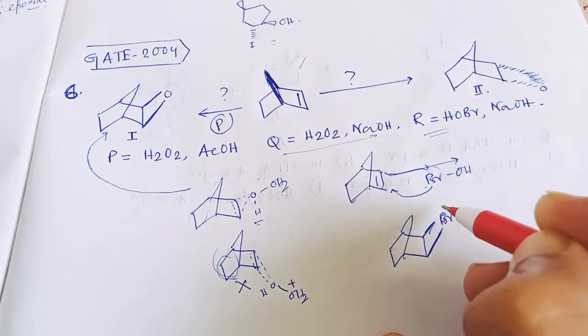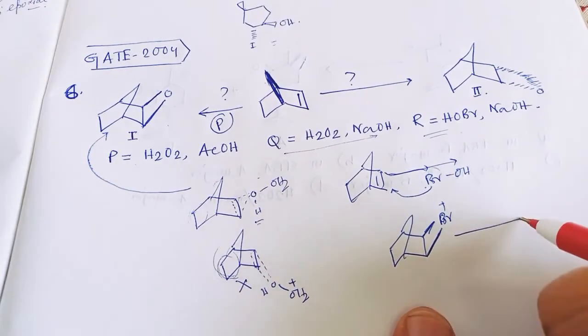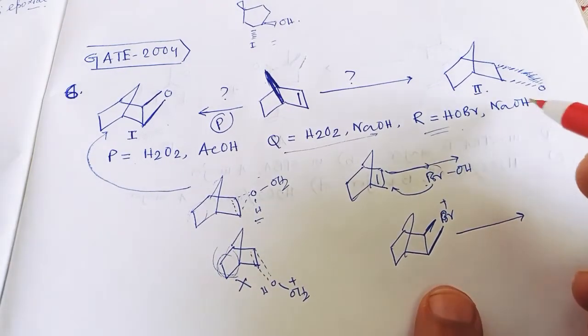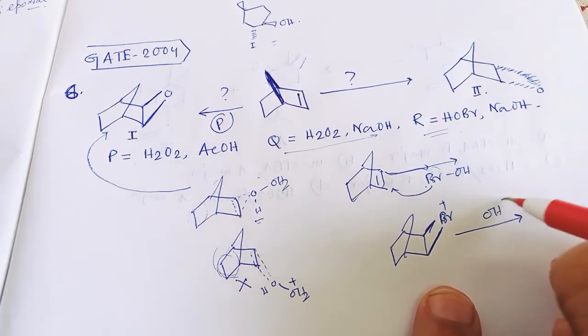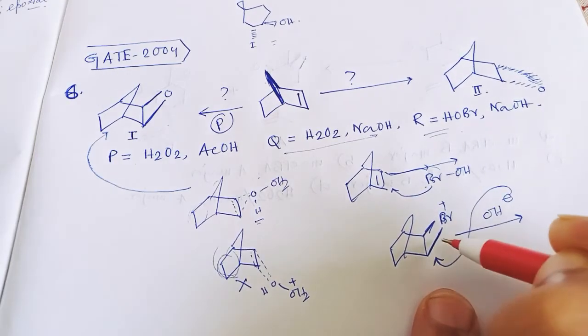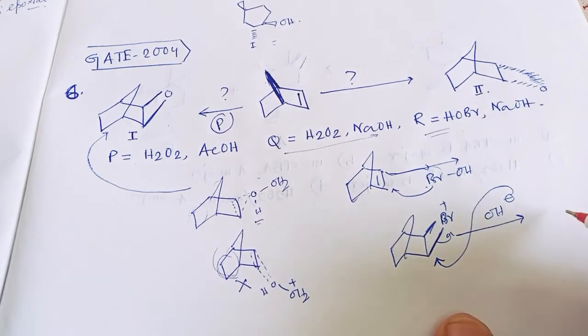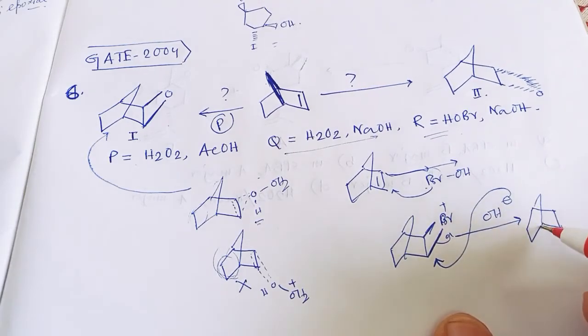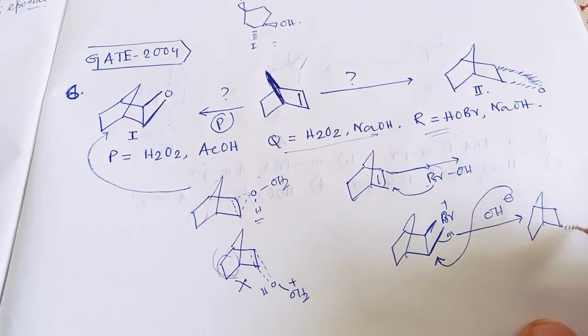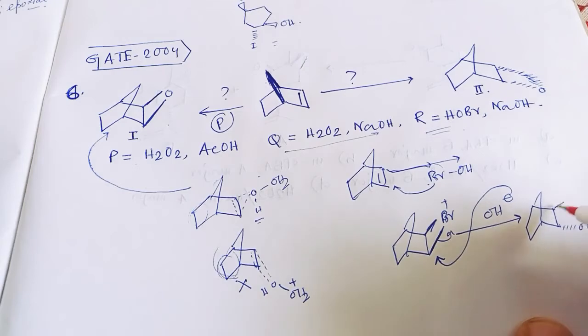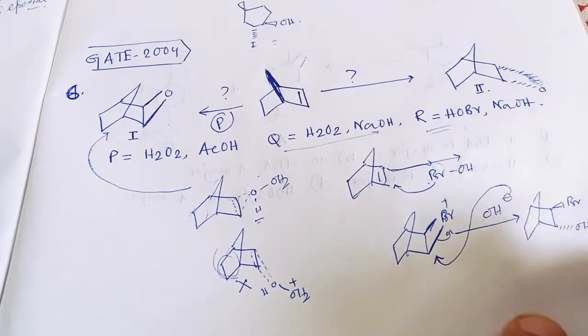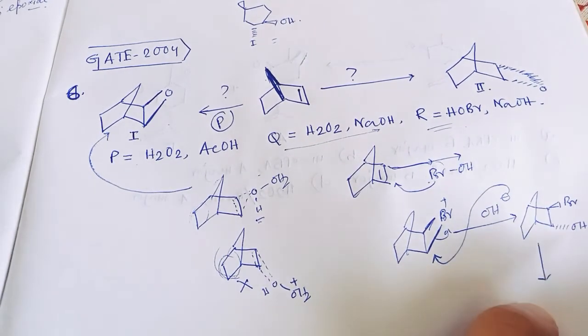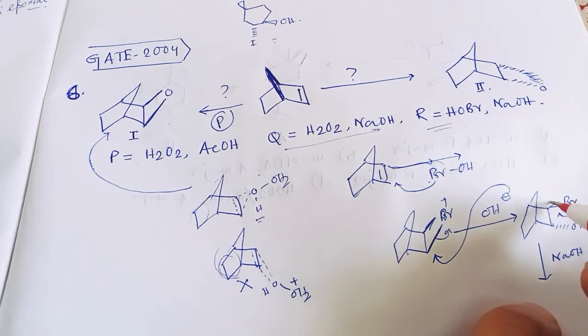Okay, this is from above side, so basically OH minus will come from the below side. In presence of NaOH it will also be deprotonated and this will attack here and bromine will leave.